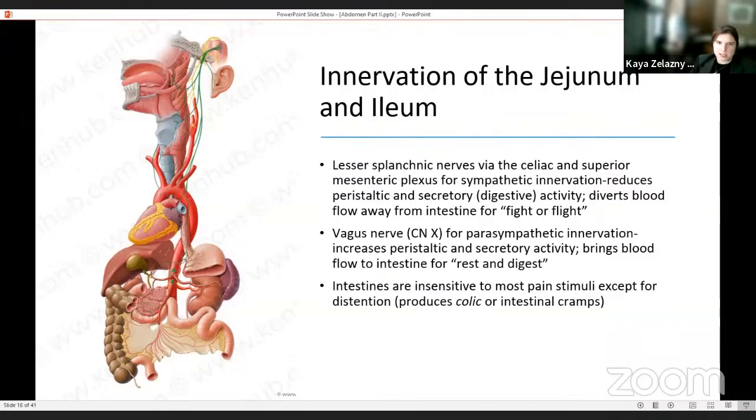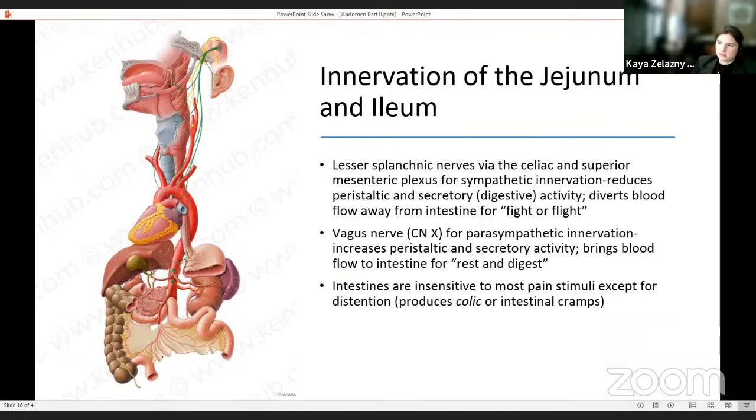So when your sympathetic nerves are more active, this is going to reduce anything to do with digestion. So you're going to reduce secretion of digestive enzymes. You're going to reduce peristaltic contractions that usually move fluid along, and you're going to divert blood flow away from the intestine and probably towards like skeletal muscle in the heart.